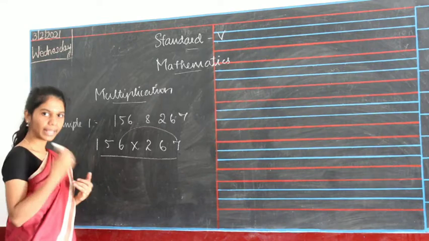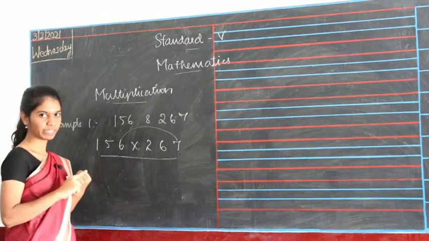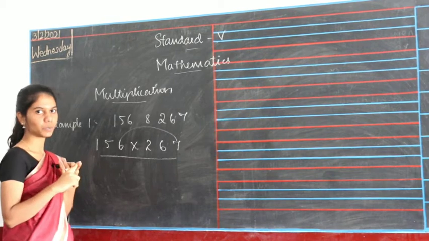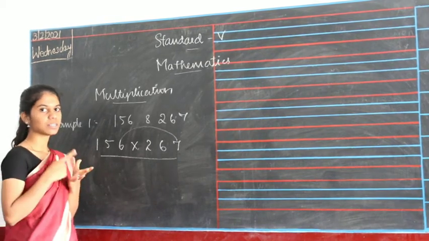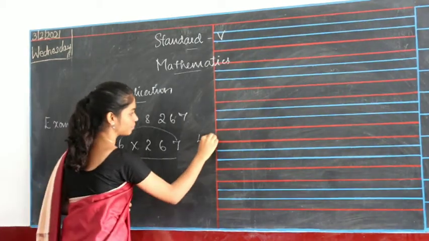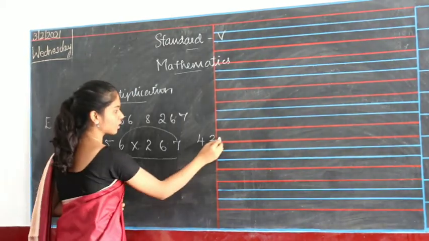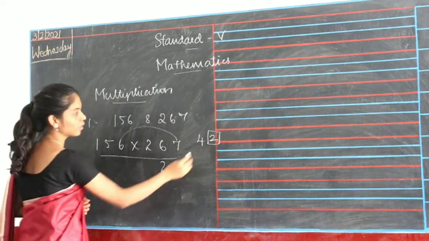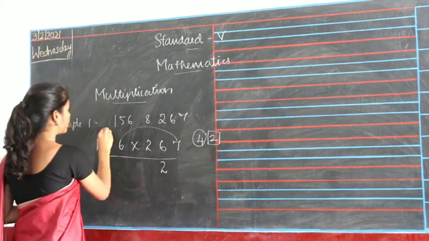Tell the 7 table along with me. 7 1s are 7, 7 2s are 14, 7 3s are 21, 7 4s are 28, 7 5s are 35, 7 6s are 42. So 2 is your unit number which you will write down, and 4 is your tens which will go as the carry.